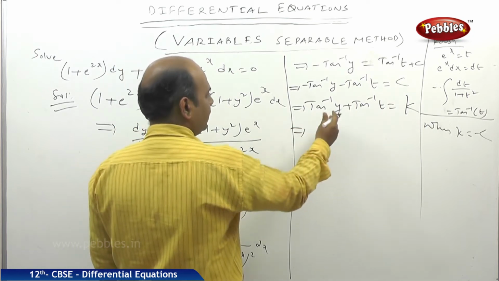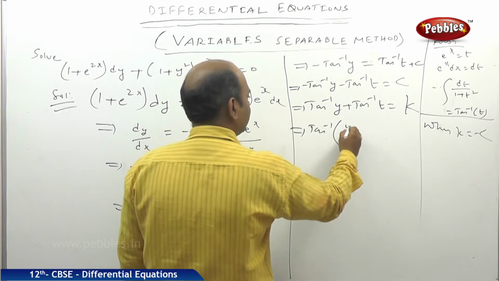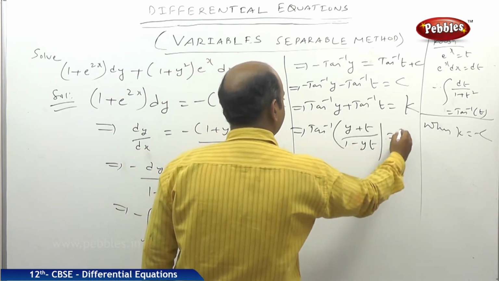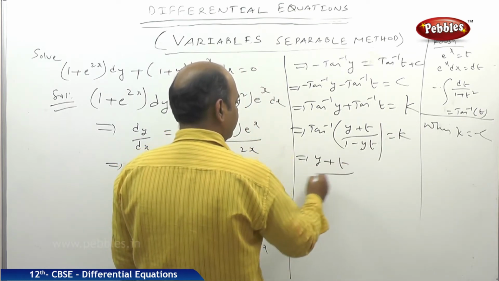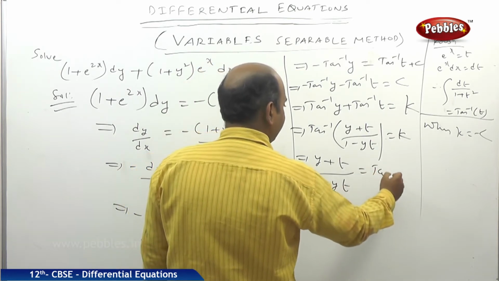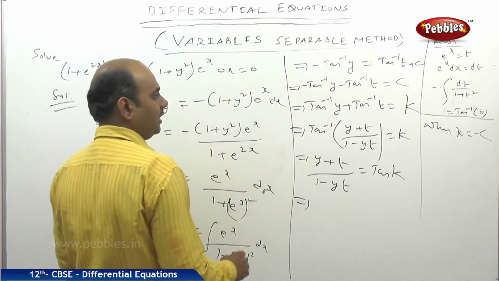So again tan inverse x plus tan inverse y, so tan inverse of (y + t) by (1 − yt) is equal to k. So (y + t) by (1 − yt) is equal to tan k. But t is nothing but e^x for us.